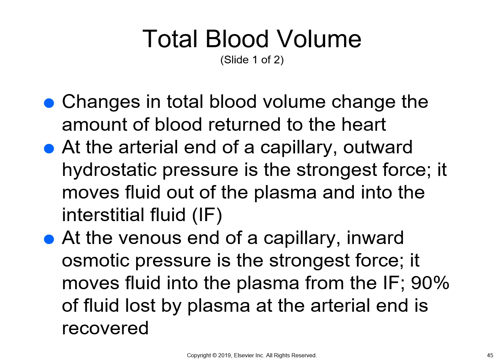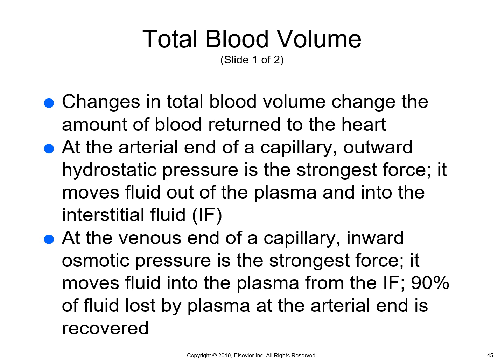So the pressure experienced there pushes fluid out of the plasma and into our surrounding interstitial fluid, and this is important for delivering that oxygen and nutrients to our tissues. All right, in terms of the venous end, osmotic pressure dominates.